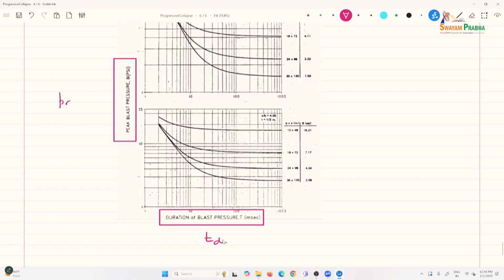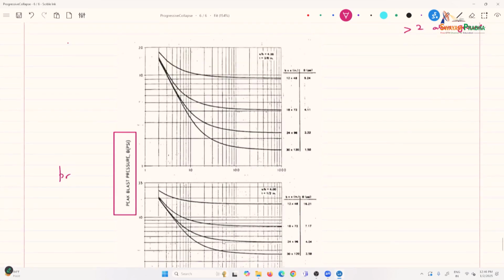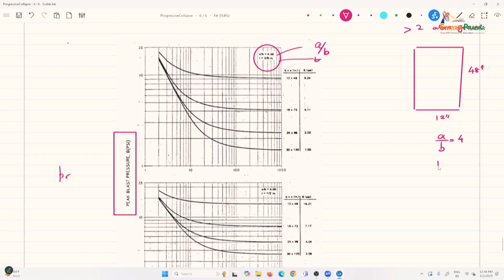Once you determine what it is, as you see, this goes up to 35, 20, 35, it depends. There are two ratios here, A by B. This is the window dimension. So say this is 12 inches and 48 inches. So A by B is equal to 4. And here it is the thickness of the glass.